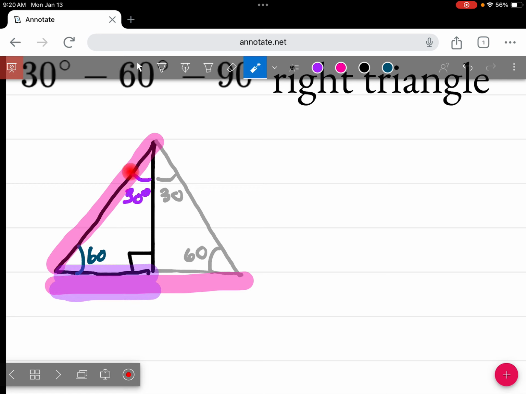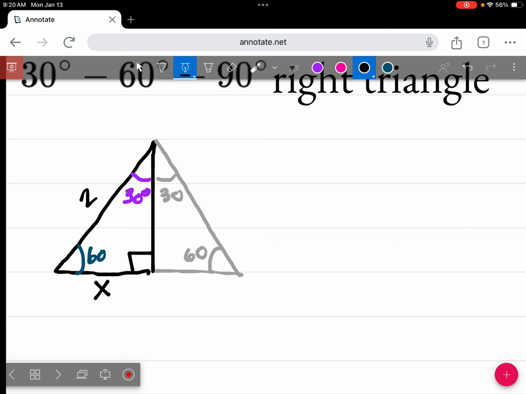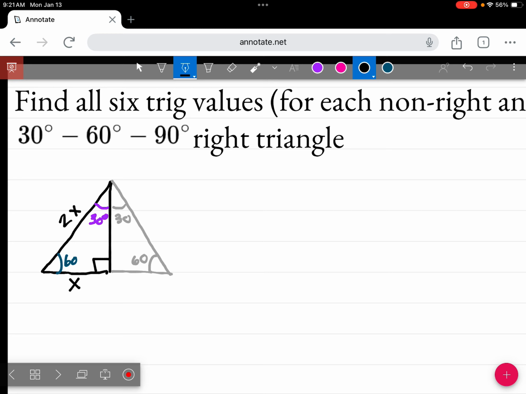It's half of it, right? Because this is the whole thing, and it's two of them here. So what we're going to do to label these sides is I'm going to call this bottom one some unit. Maybe I'm going to use a pen and call it x. But that means this side is going to be twice that. This is going to be 2x. So when we have a 30, 60, 90, we think of it as half of an equilateral.